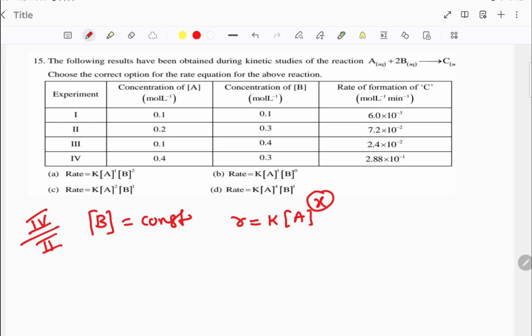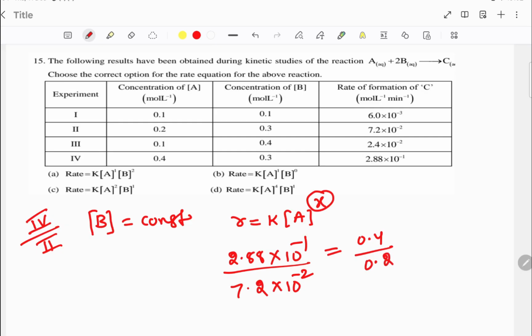In the fourth experiment the rate is 2.88 into 10 power minus 1, divided by the second experiment rate 7.2 into 10 power minus 2, equal to the concentration of A in the fourth experiment 0.4 over the second experiment 0.2, whole power x.